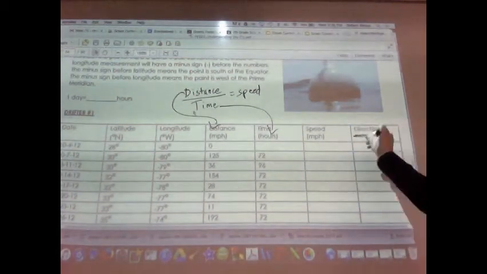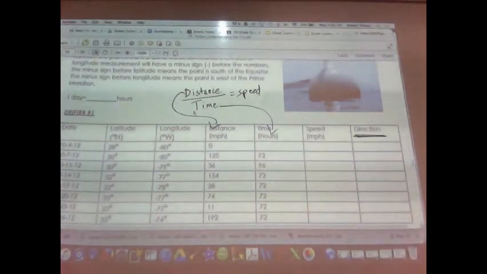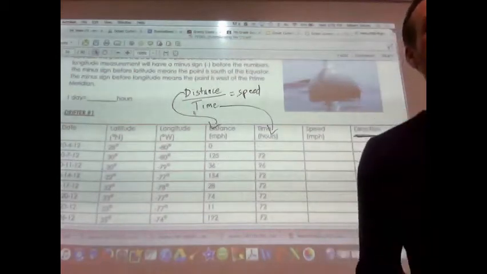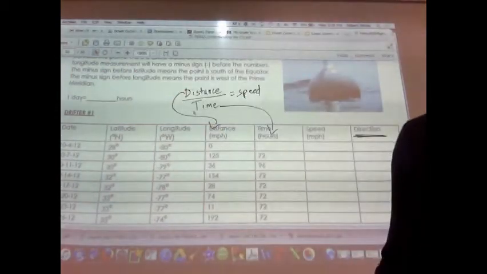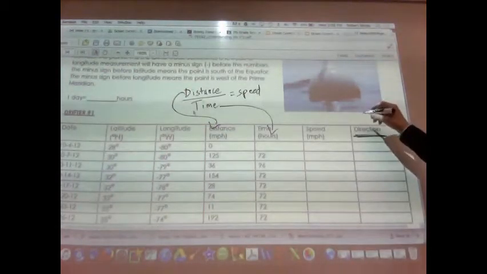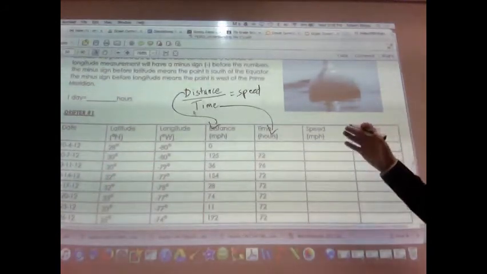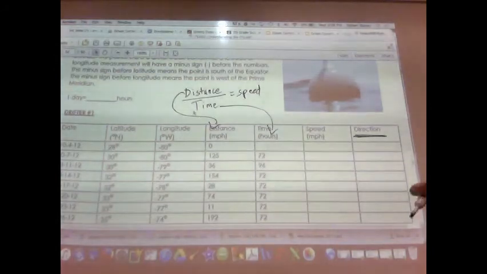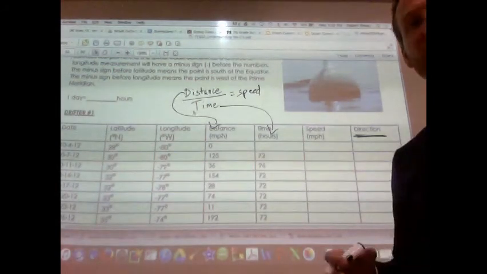For the direction, that's why it's important to number your plots so that you can see where it started and where it ended. Your directions are north, south, east, west, and the intermediate directions as well if you need them, like northwest, northeast, southeast, southwest.